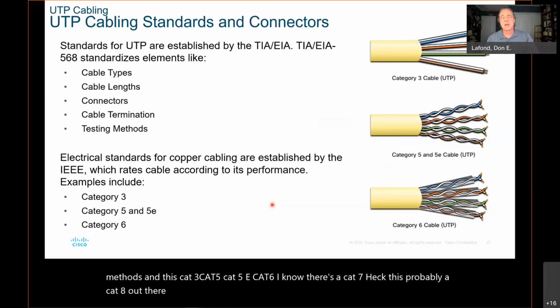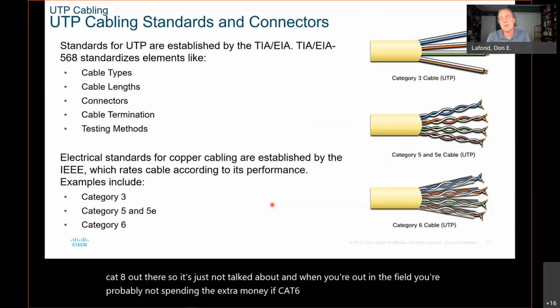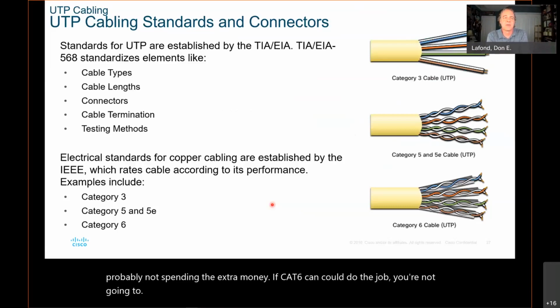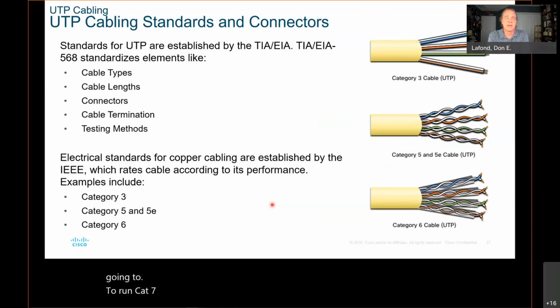It's just not talked about. And when you're out in the field, you're probably not spending the extra money. If Cat 6 can do the job, you're not going to run Cat 7 or more shielded unless you have a specific reason to run the more expensive cable. Cat 6 does the trick.